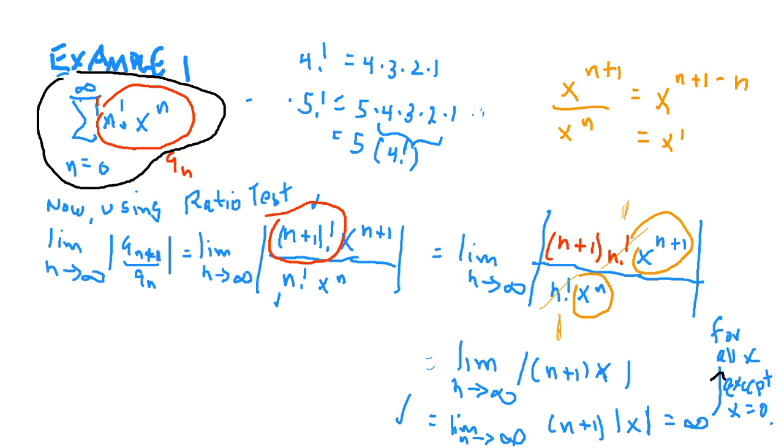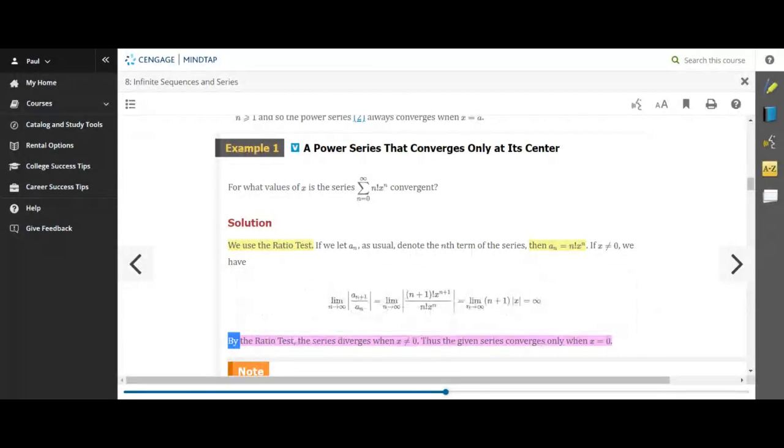Are there any questions on that? All right. So that being said, if we go back to example 1 in the book, what you're seeing in this example should make good sense.